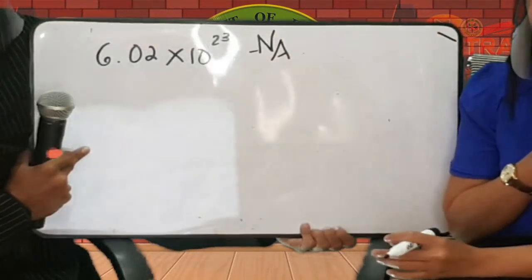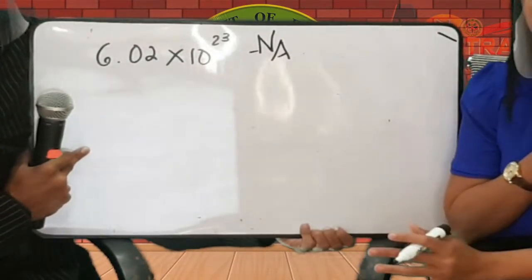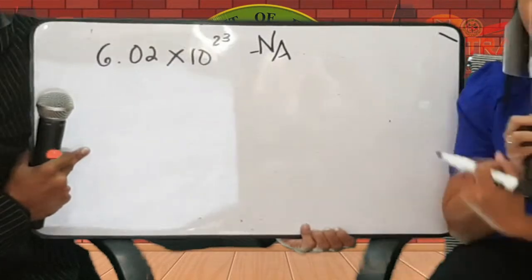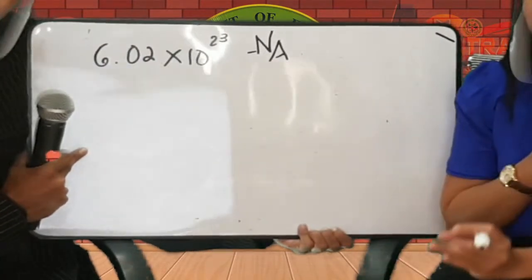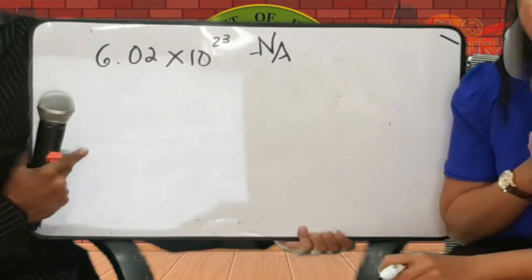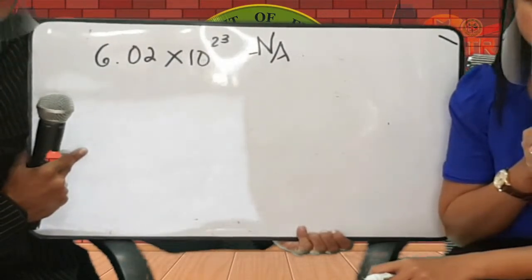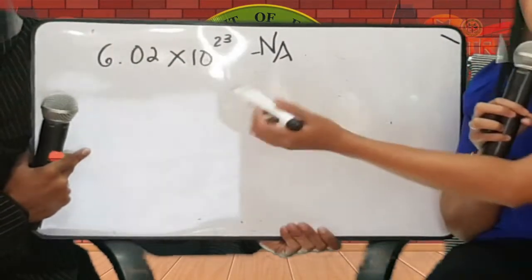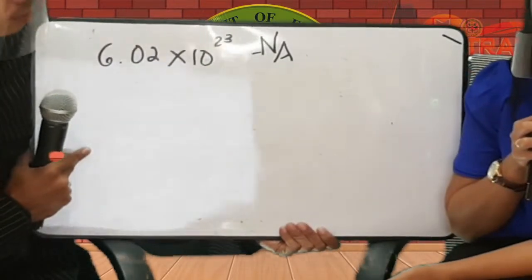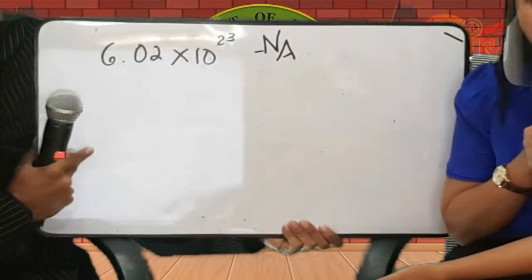The elementary entities that can be represented in moles can be atoms, molecules, ions, and other particles such as electrons. This constant is attributed to the Italian scientist Amedeo Avogadro.